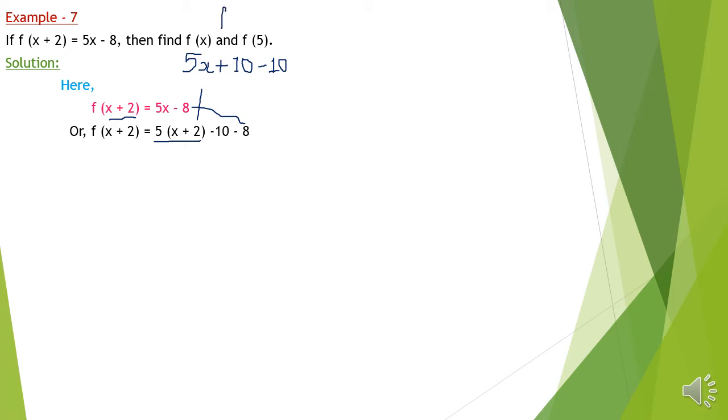If there is a function f(x minus 1), if it is given like this, is equal to 2x plus 1, then what we have to do, you can see, f(x minus 1) is equal to, now the input variable, we have to replace the input variable with x minus 1.